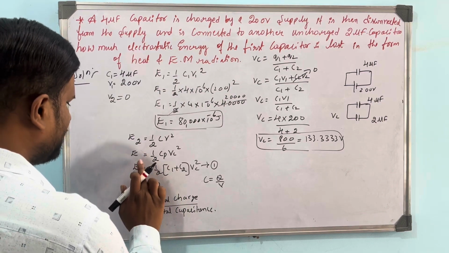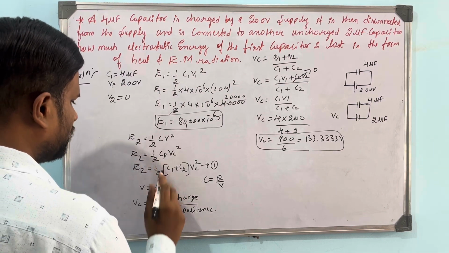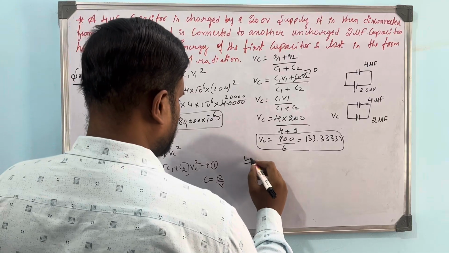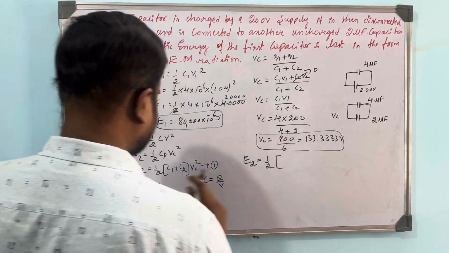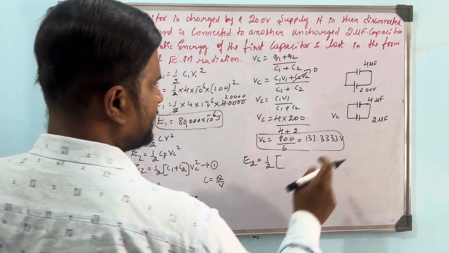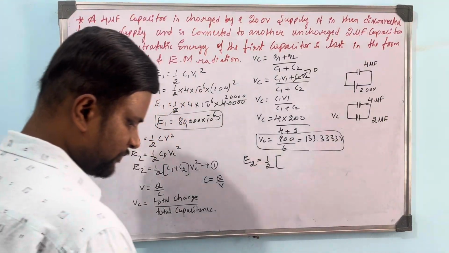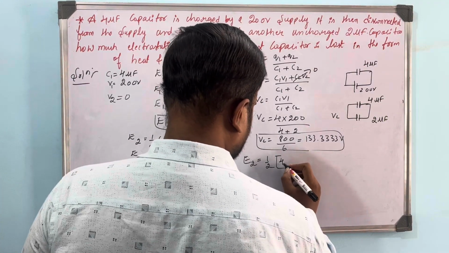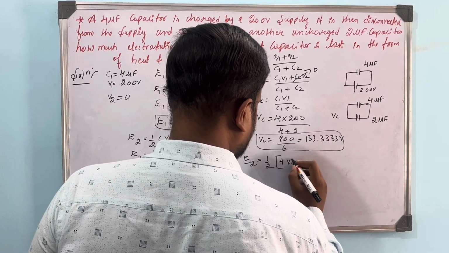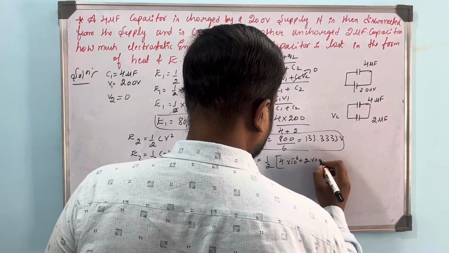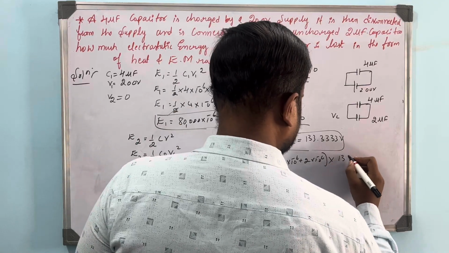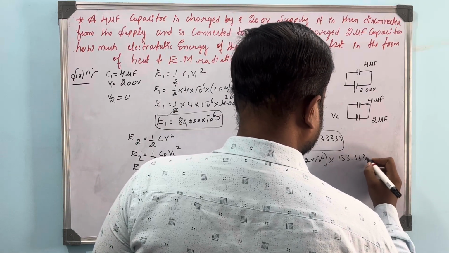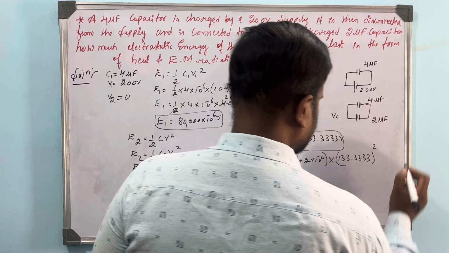But I need to calculate the E2 value. Now substitute: E2 is equal to half into C1 plus C2, which is 4 into 10 to the power of minus 6 plus 2 into 10 to the power of minus 6, into Vc square, that is 133.3333 whole square.